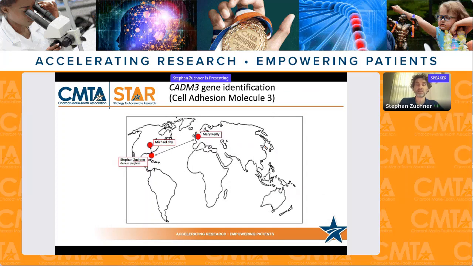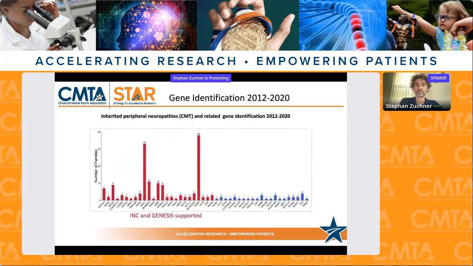And here's just another example, a gene that was very recently discovered, or published really, CAT-M3. And again, it was a collaboration between Miami, Dr. Shai, and the team around Mary Riley in London. And this is a rough overview that's probably not 100% up to date here.